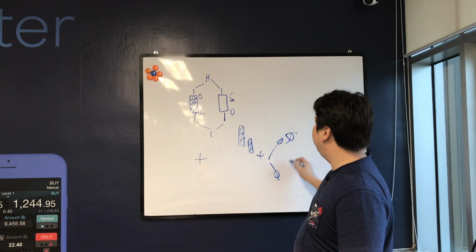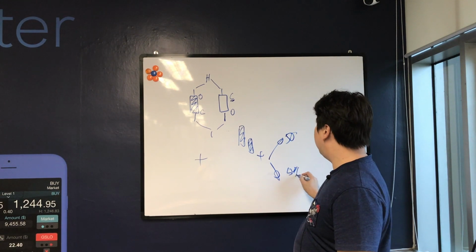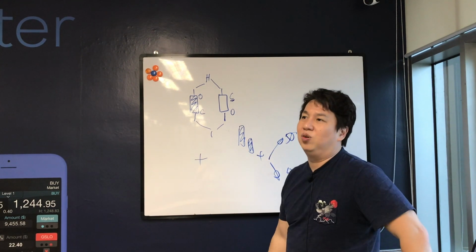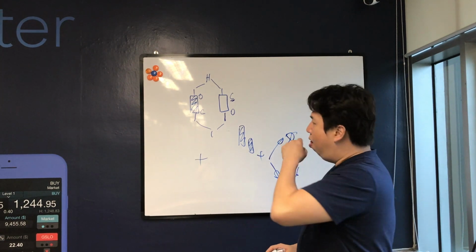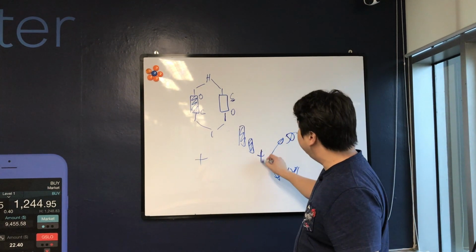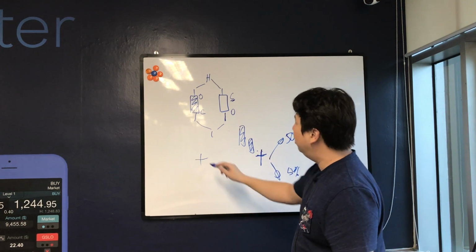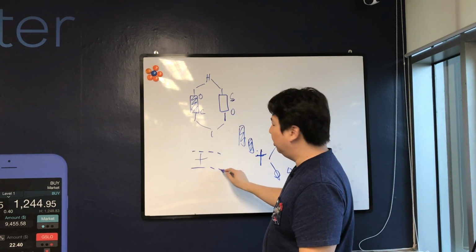Usually there's about a 50% chance it will go higher and 50% chance it will go lower. So how do we know whether the price is going higher? When you see a doji candle, you look at the high price and the low price.